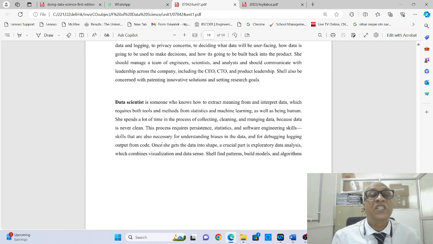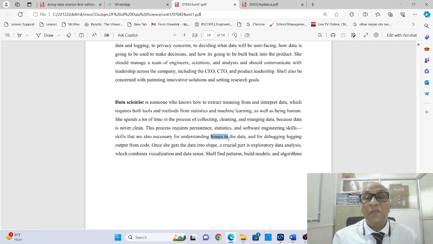Suppose there is a role called data scientist. A data scientist will be extracting the data, extracting the meaning of data, interpreting the data. He'll be using tools and methods from statistics and machine learning. He'll spend a lot of time collecting, cleaning, and munging data, as data is never clean. For this process you need a lot of patience, persistence, statistics, and software engineering skills.